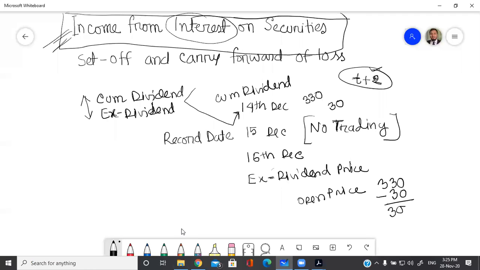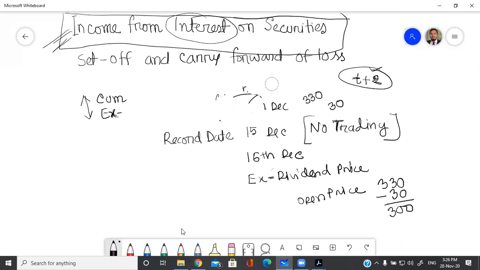You will see this price. That is the adjusted open price. So I think you have got the meaning of cum dividend and ex dividend. Cum dividend means with dividend, ex dividend means excluding dividend.